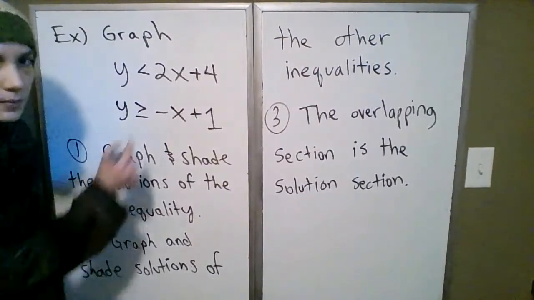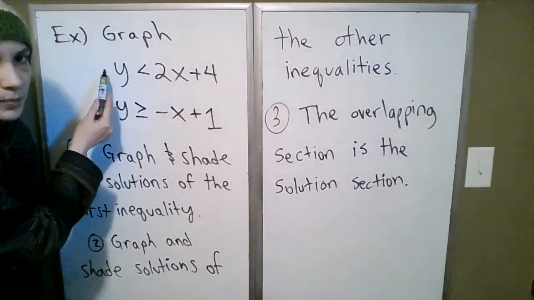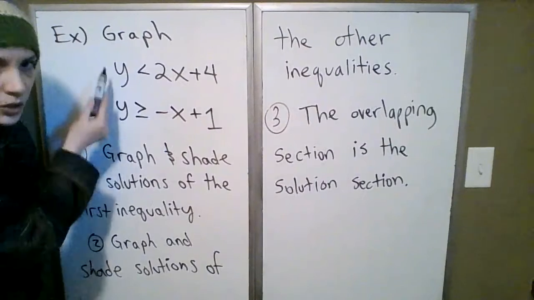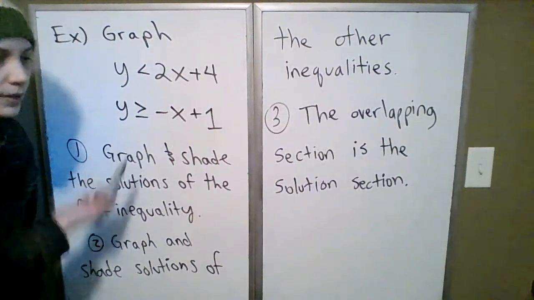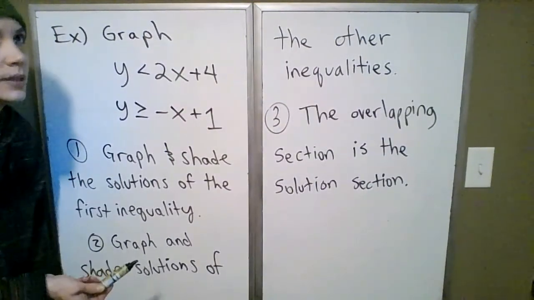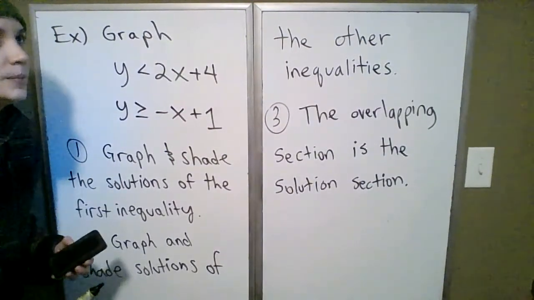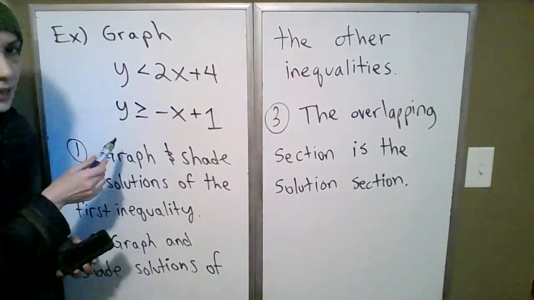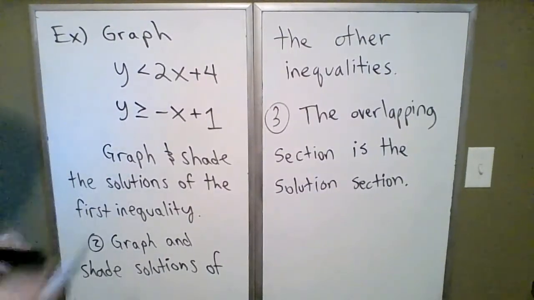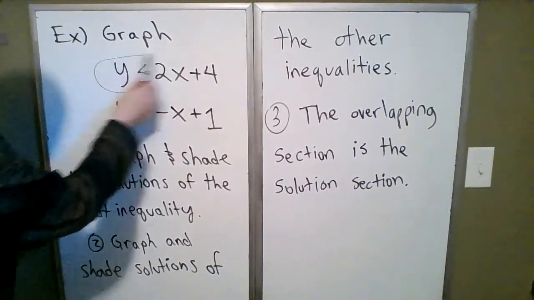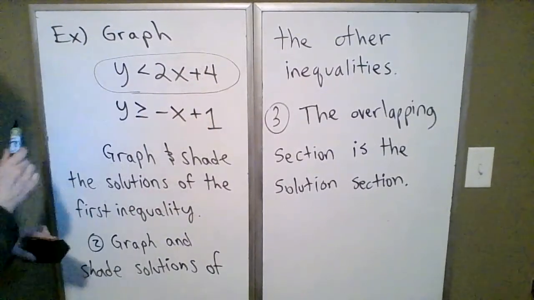So in the past, my teacher would put a big bracket on this side to just show that this is a system, but just to get used to the homework, we're going to leave it like that. And just take the first one and find its solution section.